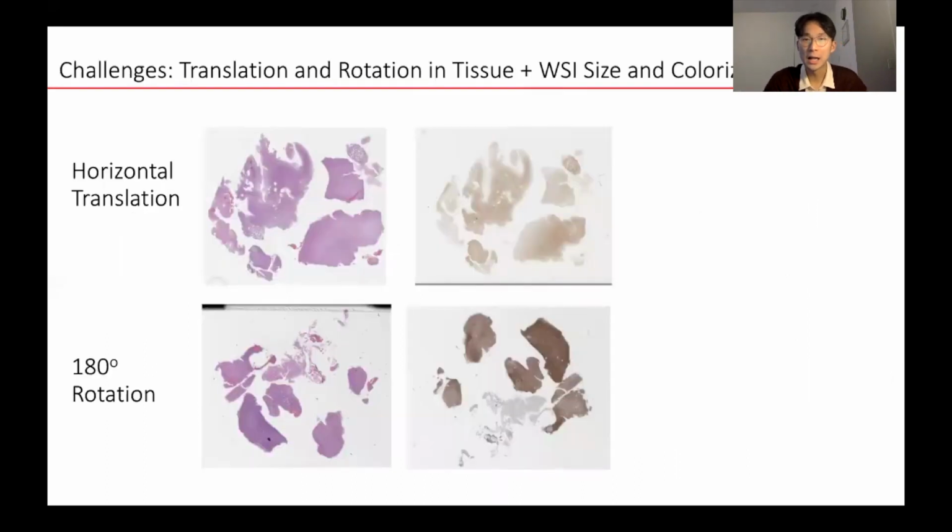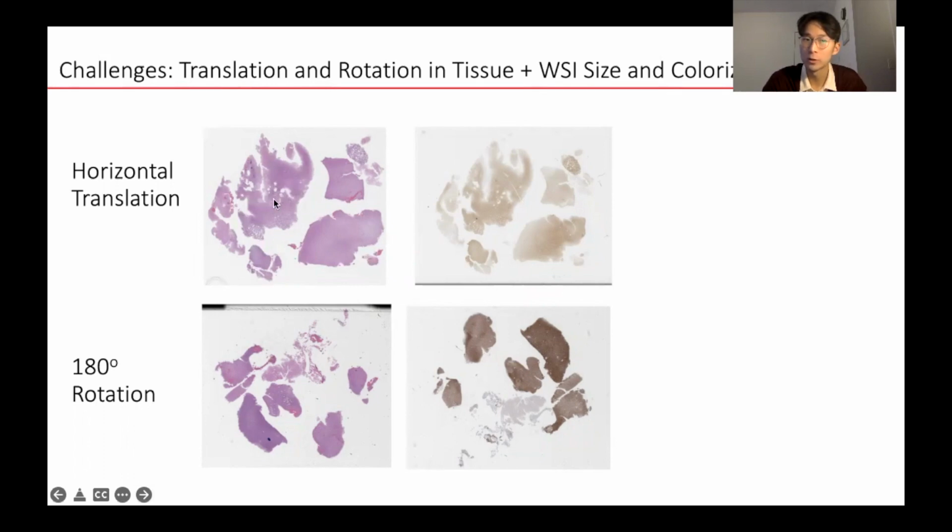Yet there are still challenges that remain when we try to incorporate both what I've talked about with regards to the immunohistochemistry quantification, as well as the semantic segmentation with H&E stained whole slide images. Namely, if we try to align these images, it's not as easy as we think because oftentimes they're from different cuts of the same tissue.